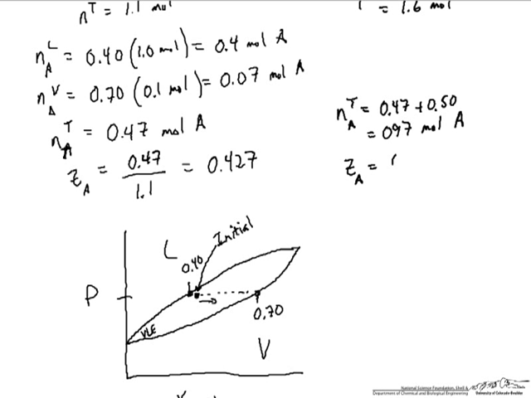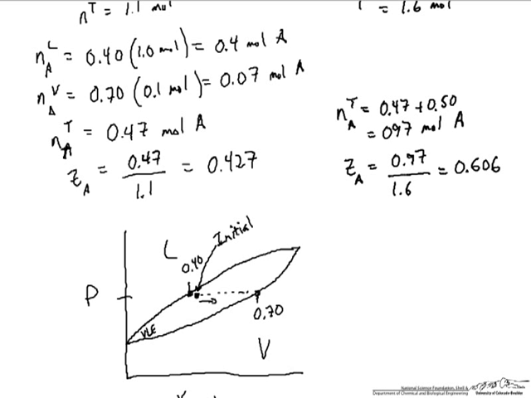Right, and that's equal to the 0.97 moles of A that we have over the 1.6 moles total that we have. And when we divide these two out, we get 0.606, or about 0.61.